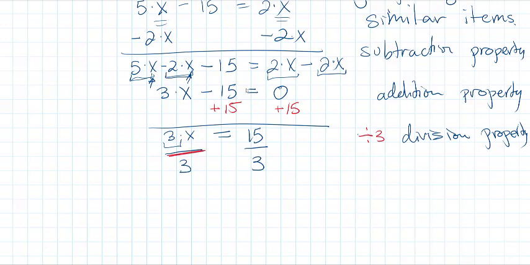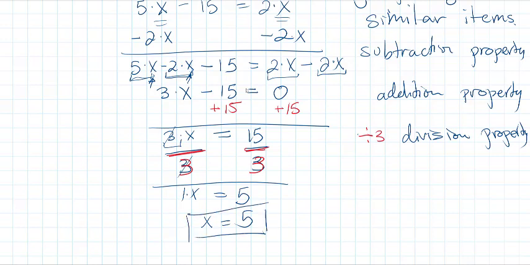So we divided by 3 by writing out a fraction with 3 as the denominator. And now we get the result. Since 3 over 3 is just 1, we have 1 times x equals, and 15 divided by 3 is just 5. So x equals 5. And that is our result.